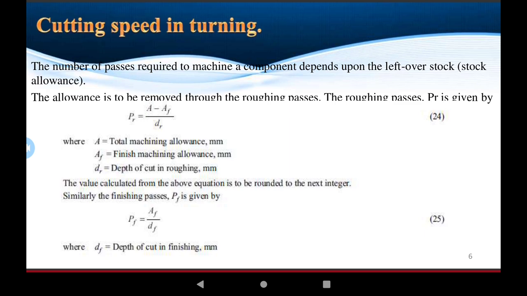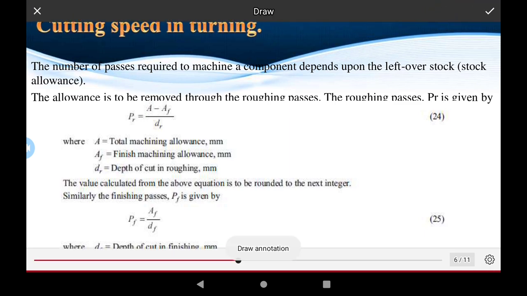Cutting speed in the turning operation. The number of passes required to machine a component depends upon the leftover stock and the top allowance.